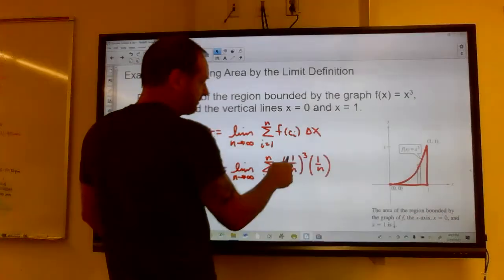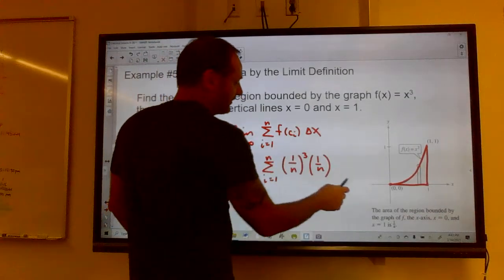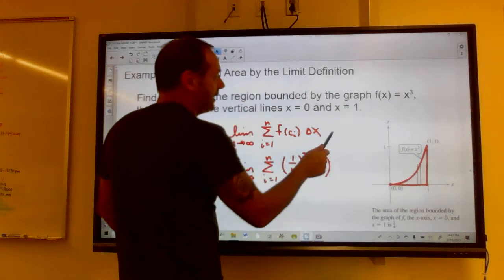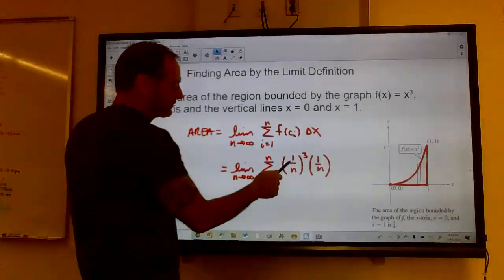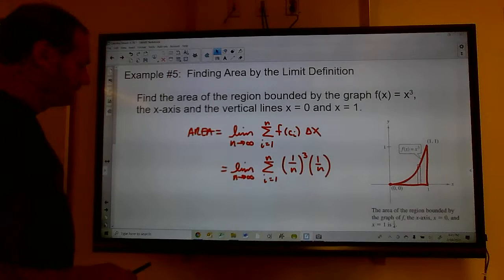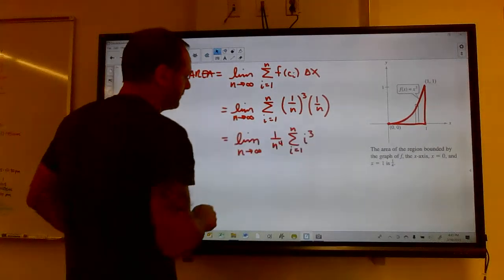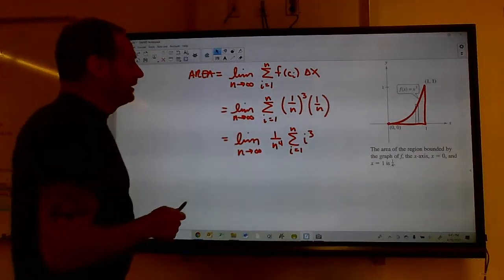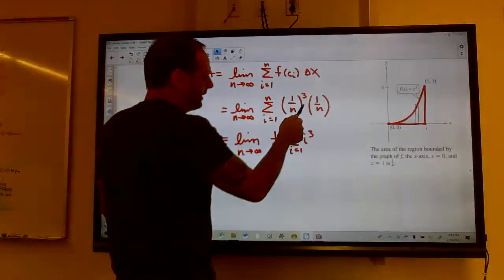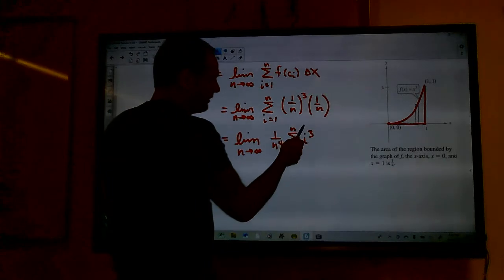And then this is my f of c sub i, so my c's are the numbers along here, and then I'm plugging them into x cubed. So this is 1 over n cubed. Okay, so it's 1 over n cubed times 1 over n is 1 over n to the fourth.